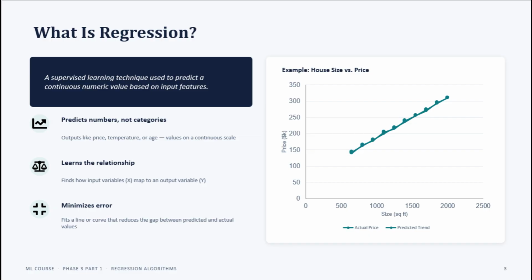The model learns the relationship between the input features, which we call X, and the target value, which we call Y. During training, its goal is to minimize the prediction error by finding the best relationship between the inputs and the output. The example shown here is house size versus house price. As the size of the house increases, the price generally increases as well, and regression tries to learn this relationship so it can predict the price of a new house.